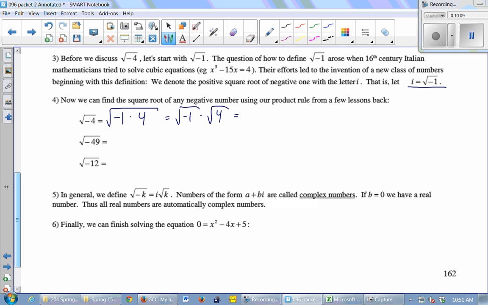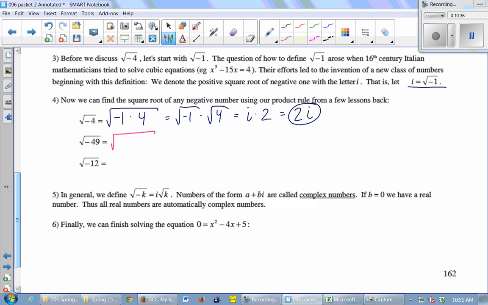And what's the square root of negative 1? i. What's the square root of 4? 2. So the answer to this is actually 2i. Okay, so 2i is the number that when you square it, you get negative 4. We just made up a number that when you square it, you get negative 1. We're calling it i.